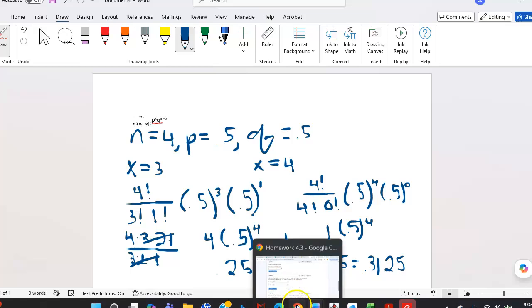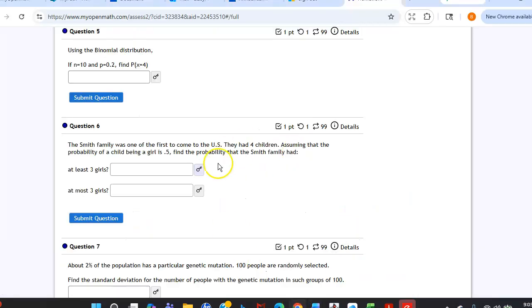Let me go back and we'll take a look at what our second question is. All right, now we're still going to use the same P, Q, and N values, but now we're looking at the probability of having at most 3 girls. Now let's think of what the words at most 3 girls means. We could have 0, we could have 1, we could have 2, and we could have 3. But we couldn't have anything more than 3.